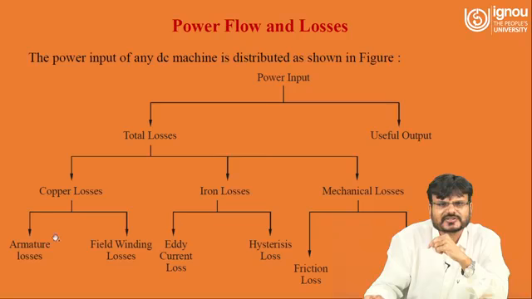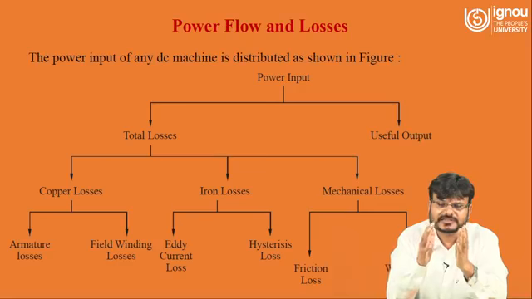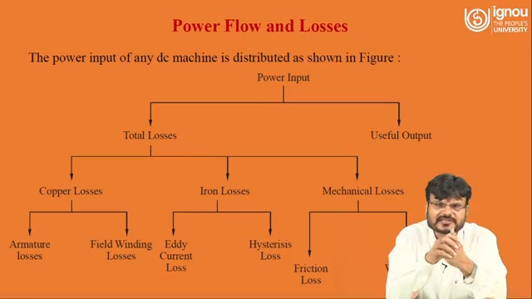These copper losses again can be classified as armature losses and field winding losses. Copper loss is basically I square R loss. That means if current is flowing through the armature winding, this I square into RA will increase, and this I square into RSH will increase.